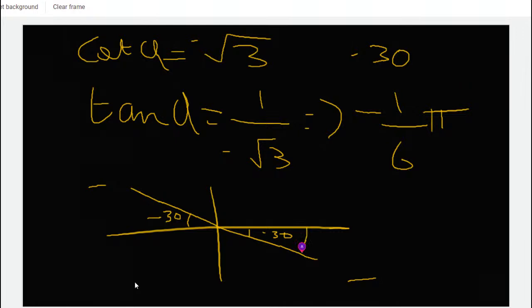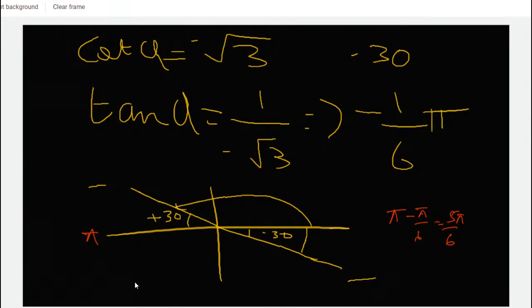Minus 30 is not included, we have already talked about it. So clockwise is negative. This one, by the way, is equal to pi minus this thing.